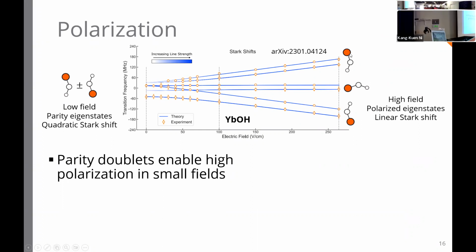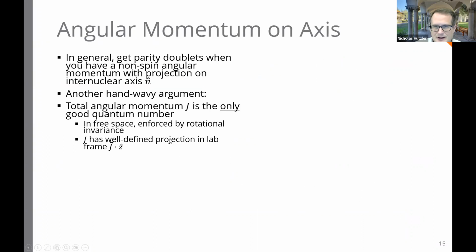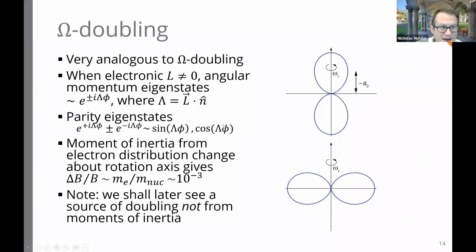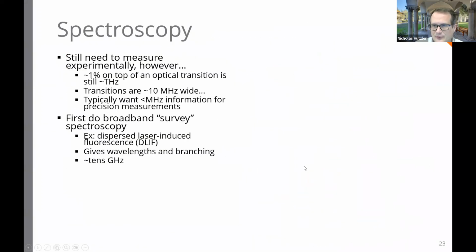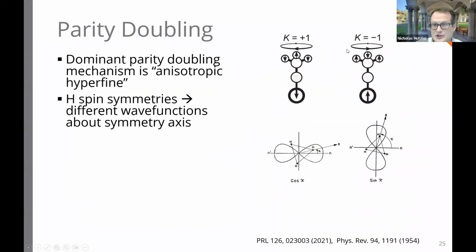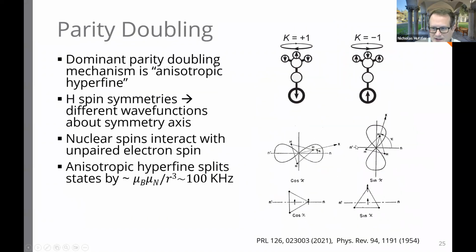The polarized eigenstates are ones where the K or L or whatever is well defined in the lab. In zero field, they're superpositions, similar to the omega doubling or L doubling, right? Like the parity eigenstates, free field eigenstates are superpositions where the projections are one way or the other. And so you end up getting this sine and cosine distribution. And it's the same thing here. The free field eigenstates are actually superpositions of these, which is why you get these two different patterns.